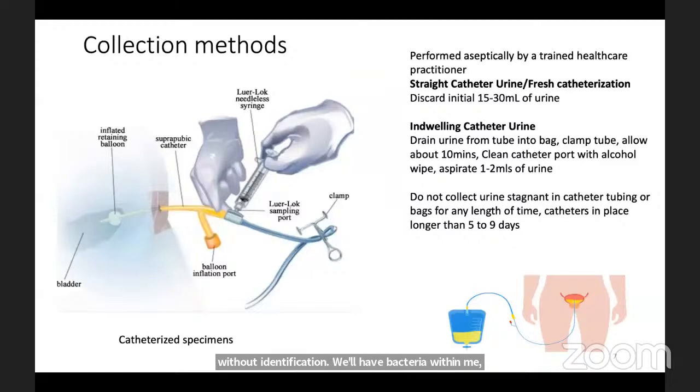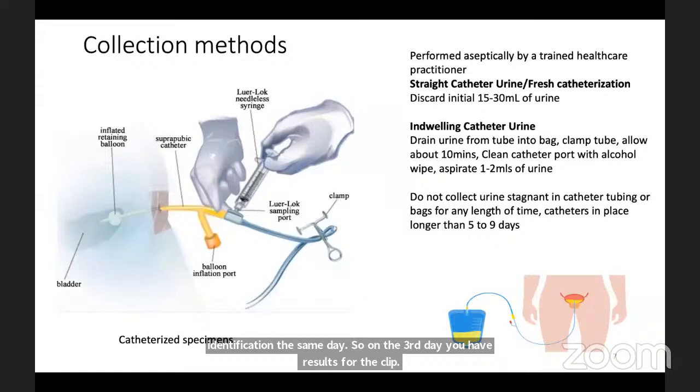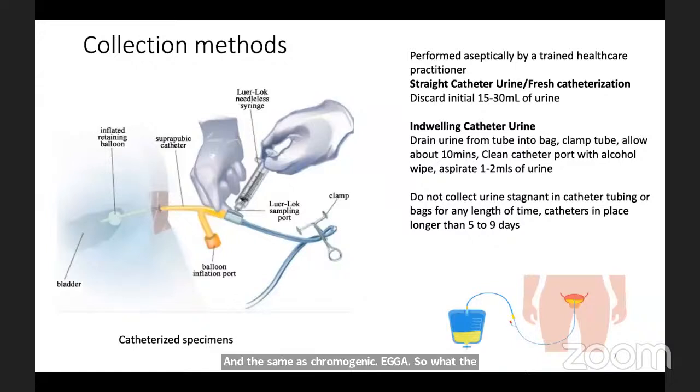And the CLED, you are doing sensitivity testing and then identification on the same day. So on the 3rd day, you will have results for the CLED and the same as chromogenic agar. So what the chromogenic agar does is it eliminates buying extra media and doing extra tests, but the number of days is still the same.